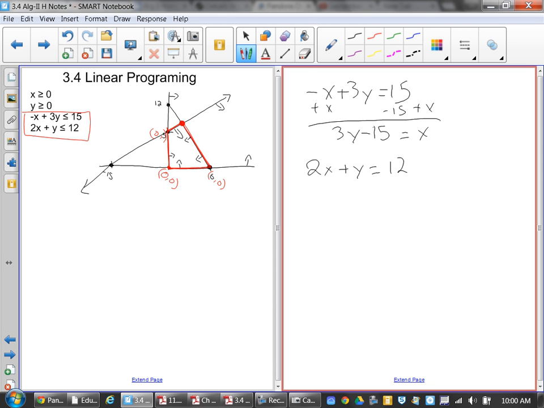What I'm doing there is just getting x by itself. So now I can take this value here and substitute it in.